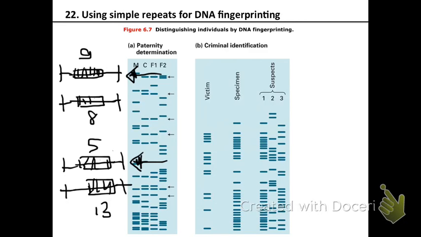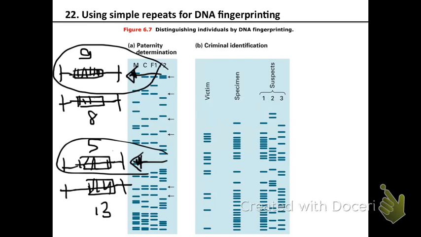This has 9 copies, this has 5 copies. Which one is going to be longer, 9 or 5? 9, right? So this fragment is going to be longer than this fragment. So in a gel, it's going to run higher, right? Does that make sense? So you take that DNA and you run it on a gel.